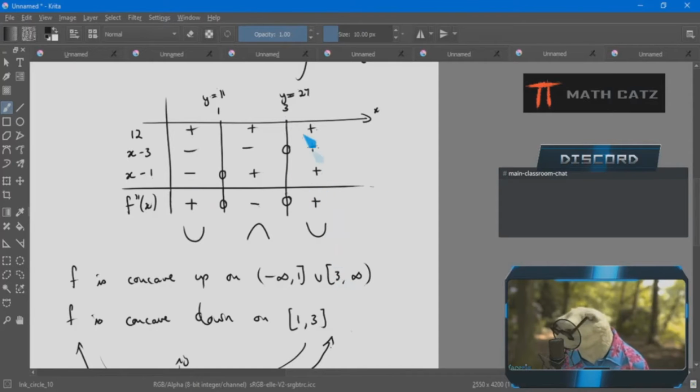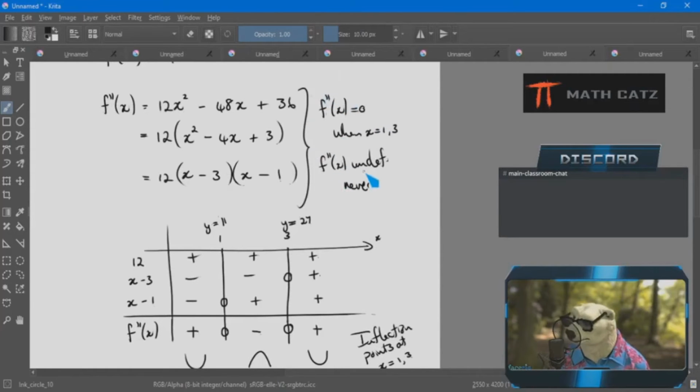So in this case, both of these guys are inflection points because they satisfy the 3 conditions. X equal to 1, x equal to 3. They come out of my check, or my second derivative. There are points. The bend changes as well.